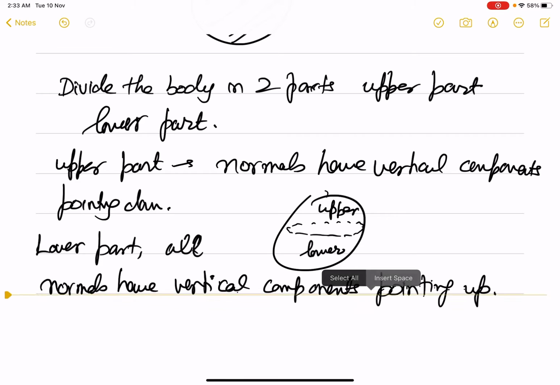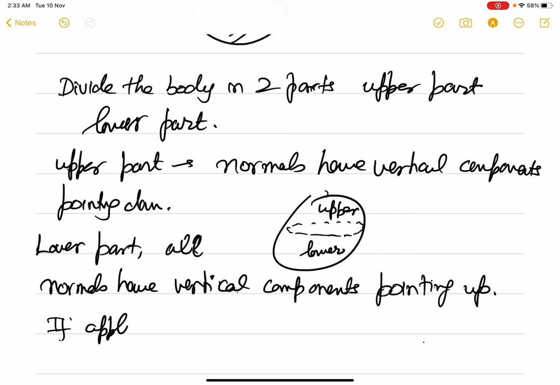And now if you apply the principle of finding Fz, first find Fz on the lower part.